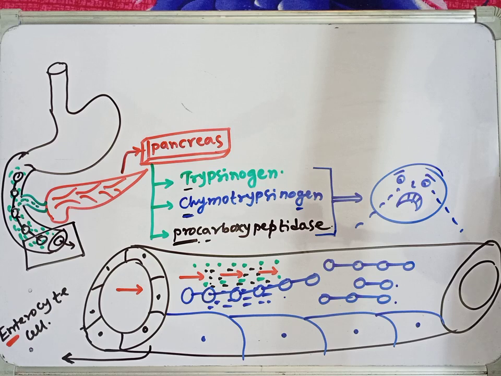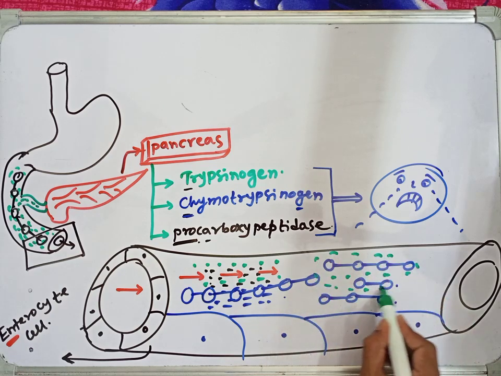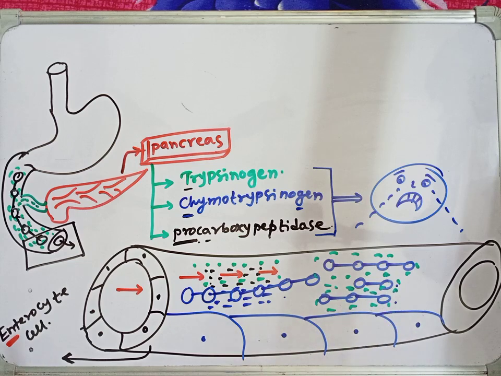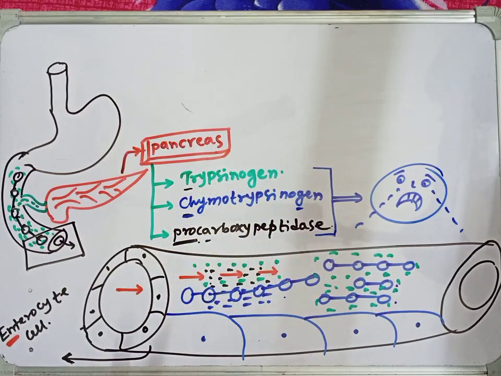And this partially digested protein is now bathed with the inactivated digestive enzymes, and there is a very big role of the enterocyte cell in the activation of all of these.